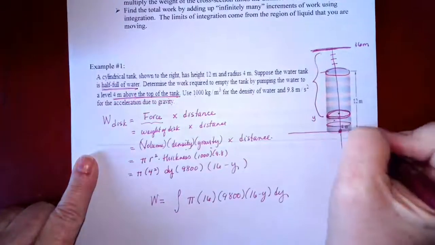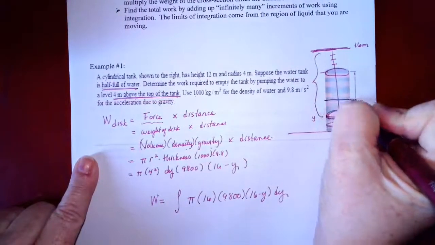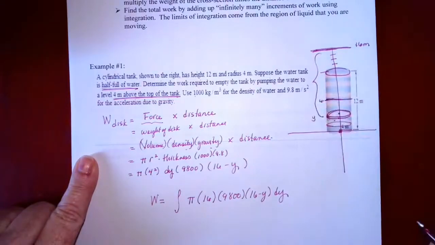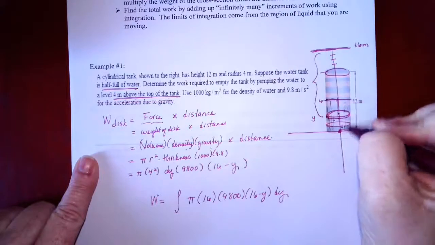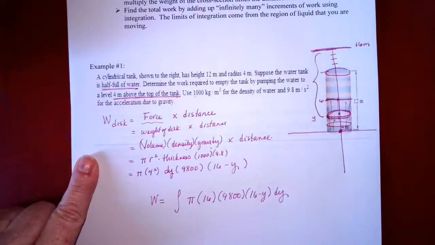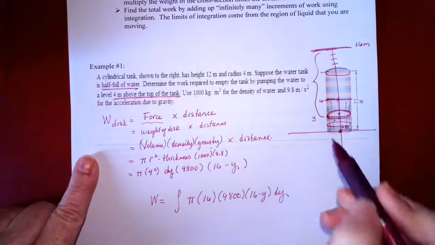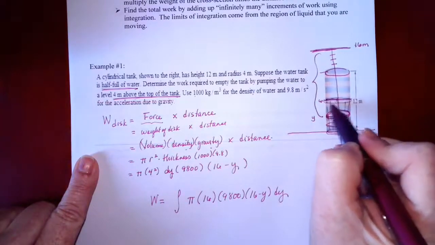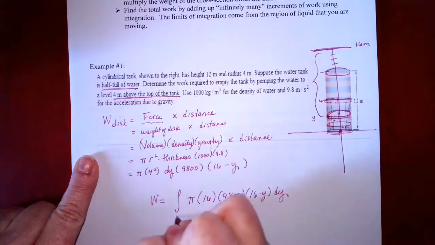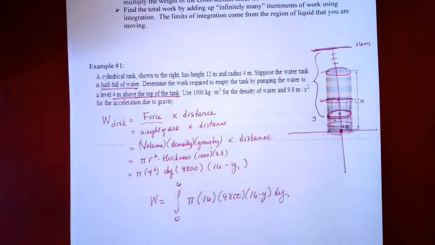So if it's 12 meters high, it was only filled to a depth of 6 meters. So what are the y limits on the water in this tank? Well, that bottom disk is at y equals 0, and that top disk is at y equals 6, because it's half full.